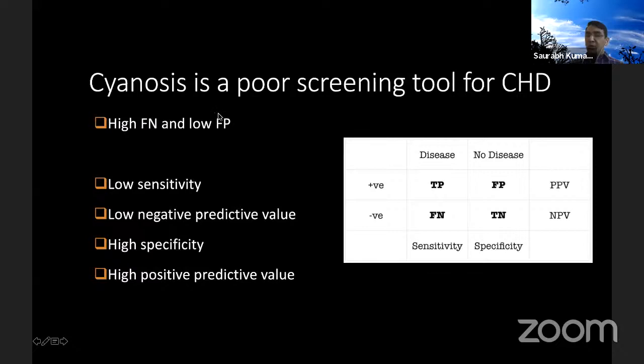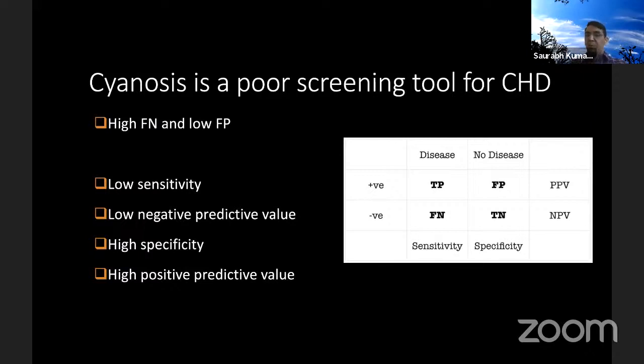It also has low false positivity. So as a result, this tool has low sensitivity but high specificity, low negative predictive value but high positive predictive value, meaning thereby that if cyanosis is present, you can be assured that there is serious congenital heart disease underlying.